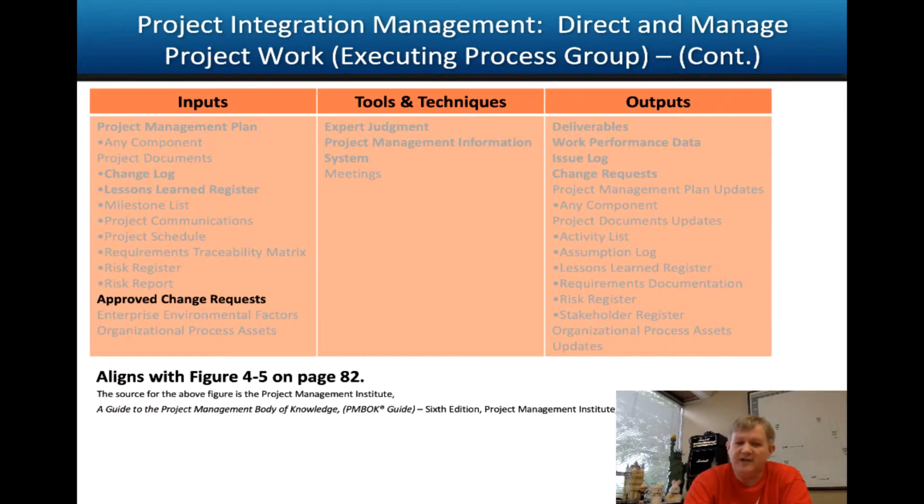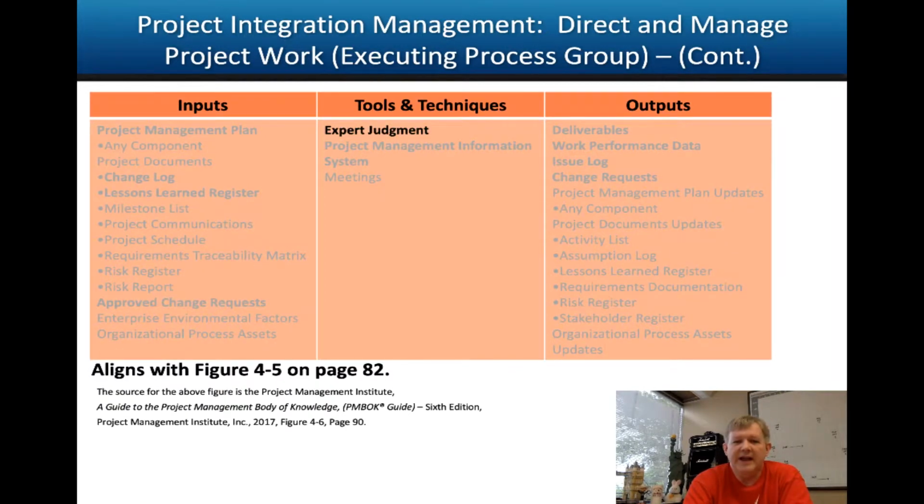So approved change requests come from Perform Integrated Change Control, and this is one of the few areas where they get cut into the overall process, if you will, the overall execution of the overall plan. Now, expert judgment is a key tool and technique here, because you want to execute that plan as intelligently as possible, thus expert judgment.